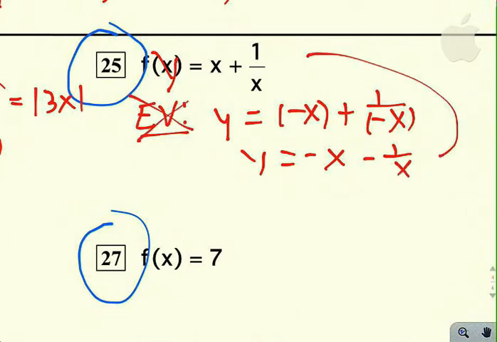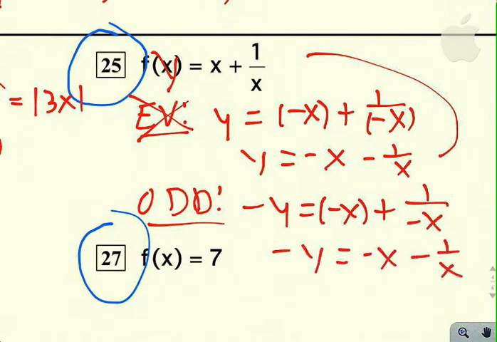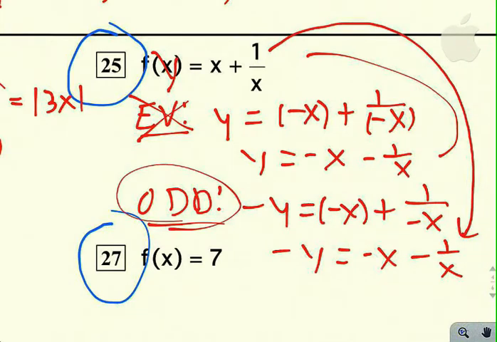So it's not even. To test it for odd, we negate the x and the y. So minus y equals minus x minus 1 over x. If we multiply both sides of that equation by a negative 1, we'd have it. It is odd.